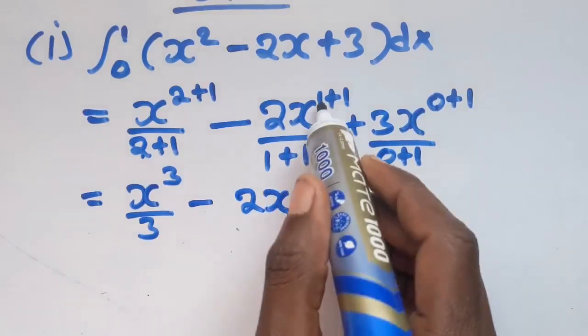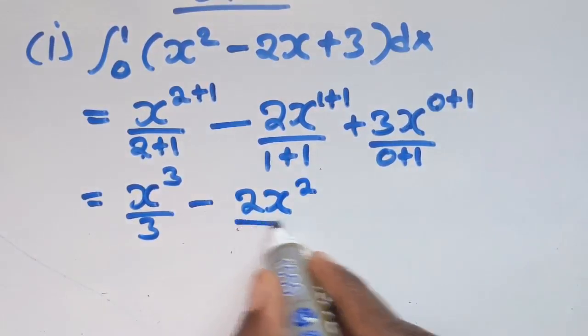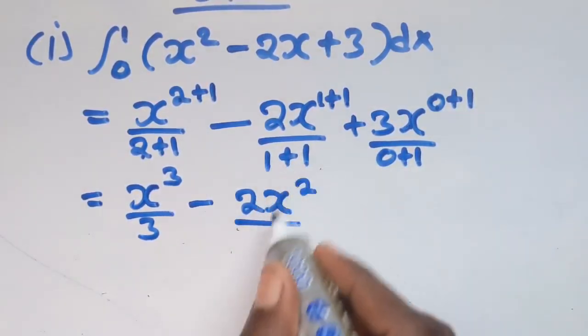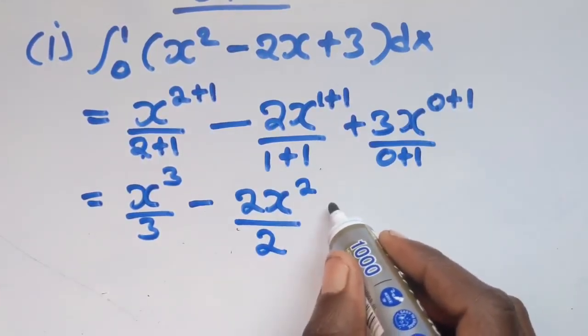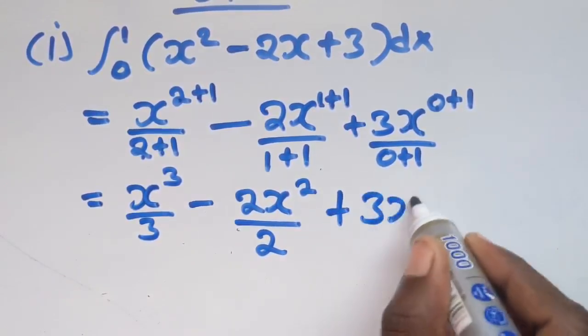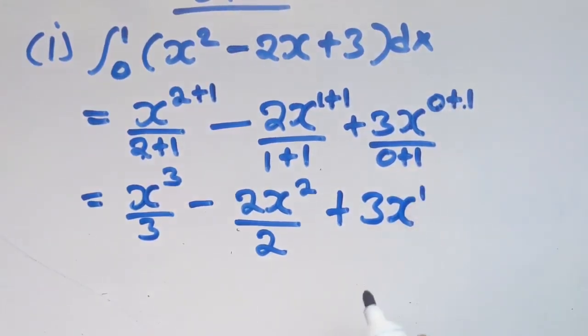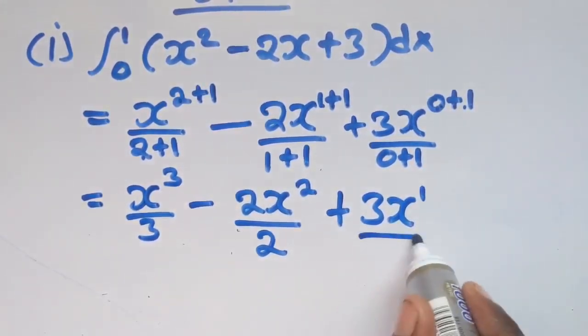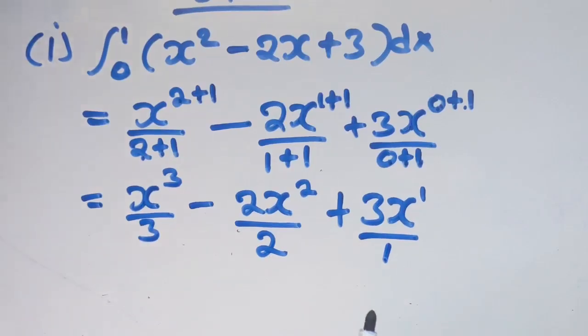2x, then 1 plus 1, you're going to have 2, then over 1 plus 1, you are going to have 2 there. Then it's going to be plus 3x, then 0 plus 1, it is just 1 there. Then over 0 plus 1, you say it is 1 there.